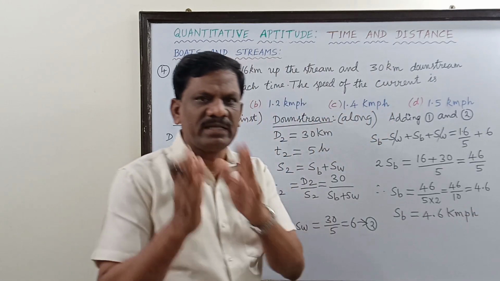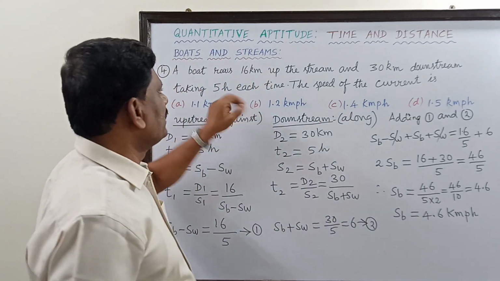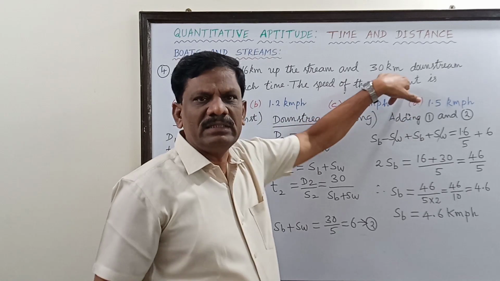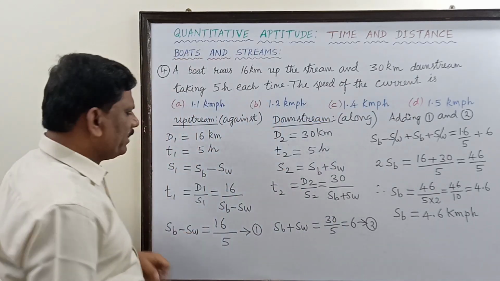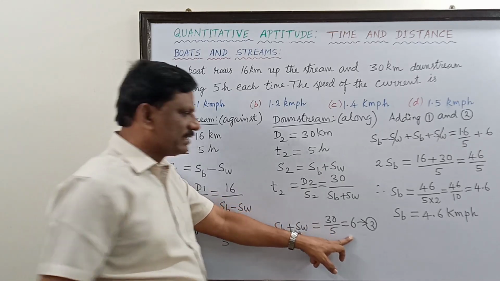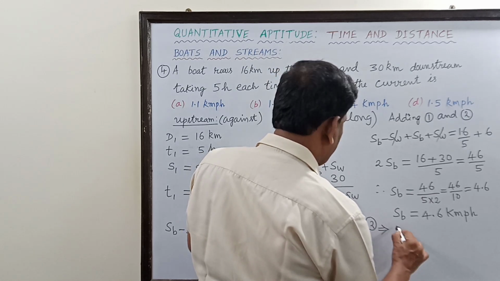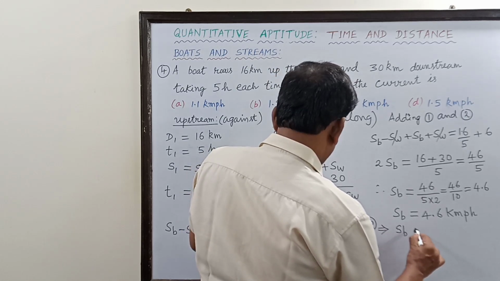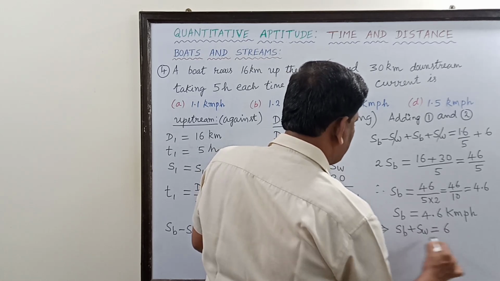We have found the actual speed of the boat. Okay. But what is asked here? The speed of the current, that is water. The speed of water we have to find. So we can take this equation SB plus SW is equal to 6. So from equation 2, SB plus SW is equal to 6.